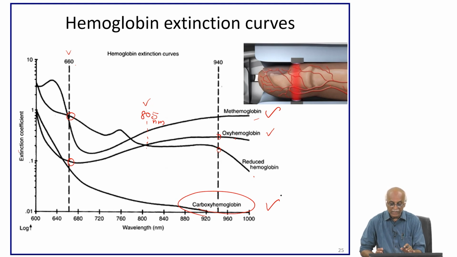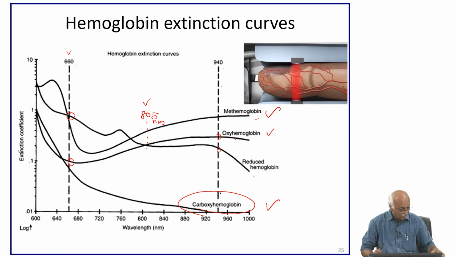We assume that the presence of carboxyhemoglobin and methemoglobin is very small, so it is quite negligible and will not affect our measurement. In fact, at 660 nanometer as well as 940 there is some absorption by these molecules, but since the concentration is too small we neglect those parameters.